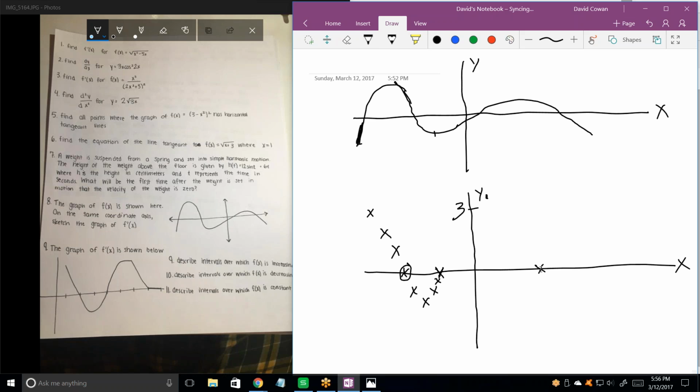In fact, it looks very close to the slopes are 1. That's almost 1, that's almost 1, that's almost 1, and it flattens out a little bit. So it looks like it goes up very quickly to lots of 1s and then gets a little flatter. Right here, it's about a half.